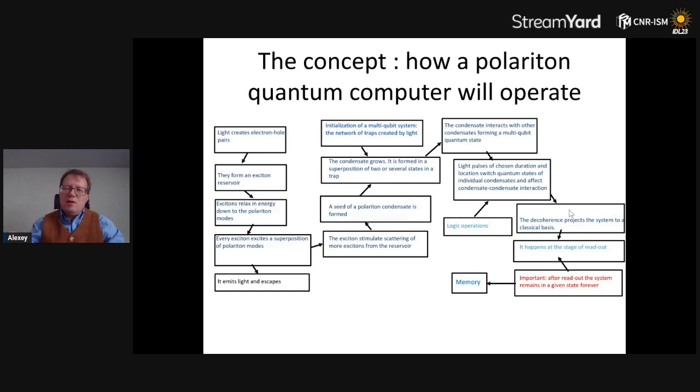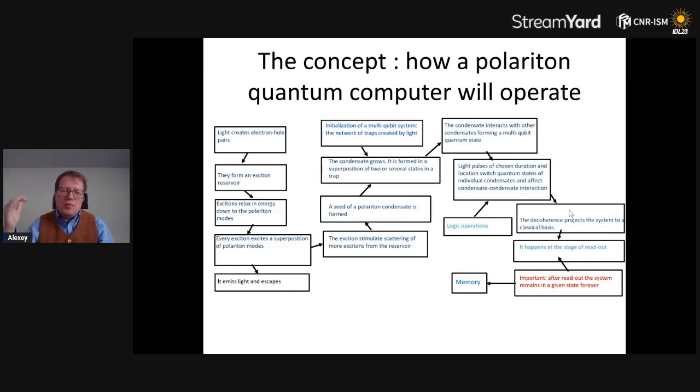So initially, when the first exciton falls into the set of polariton modes, it does not go to one specific mode, because one specific mode would have some percentage of exciton and some percentage of light. Initially, you have no light, you just have an exciton. So it will be necessarily distributed as a superposition between many states.